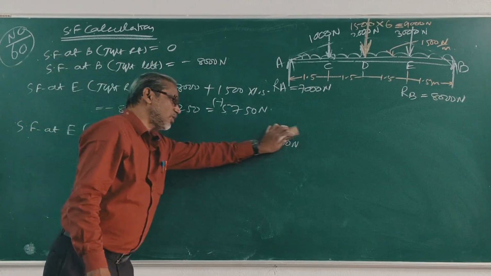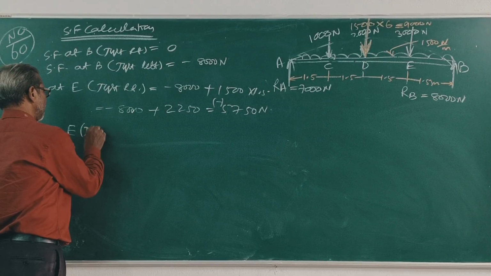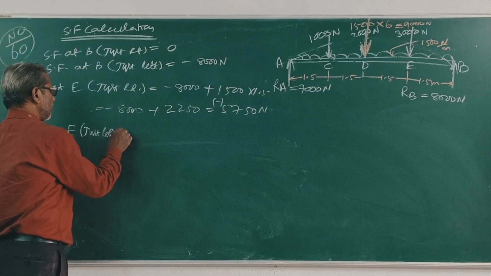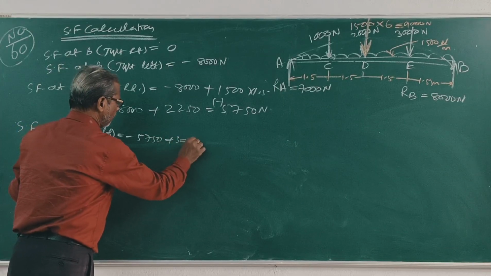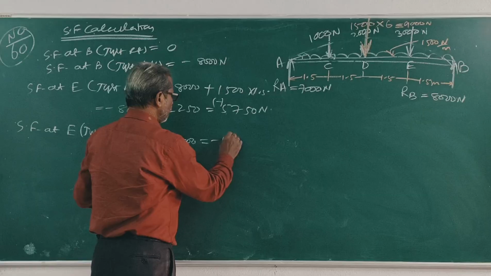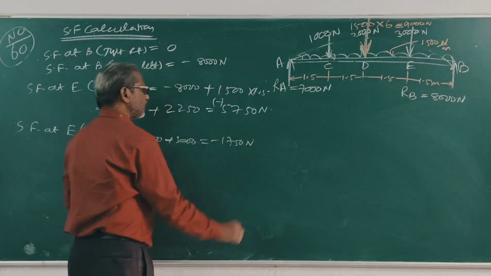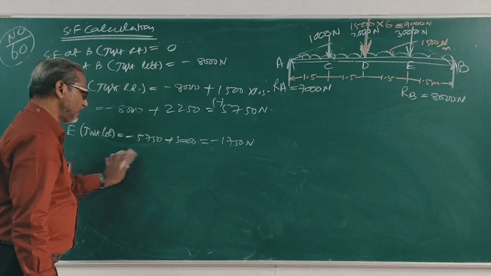Shear force at E just left is minus 5750 plus 3,000, equal to minus 1750 Newton. E left, then D right.